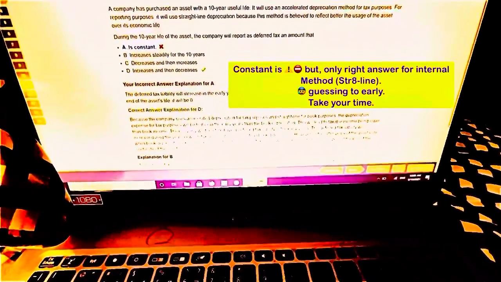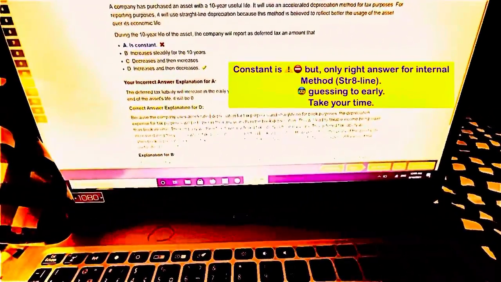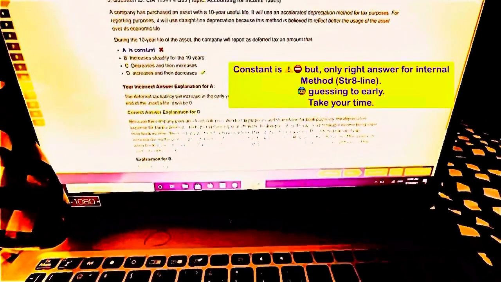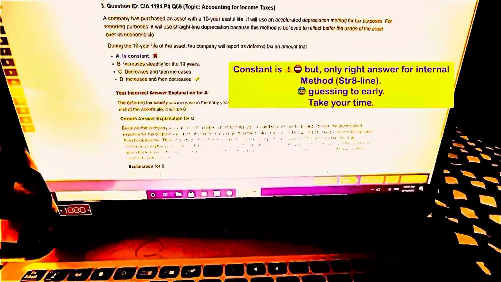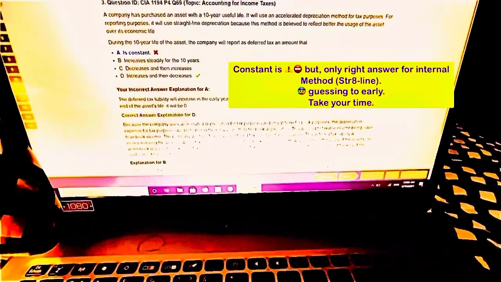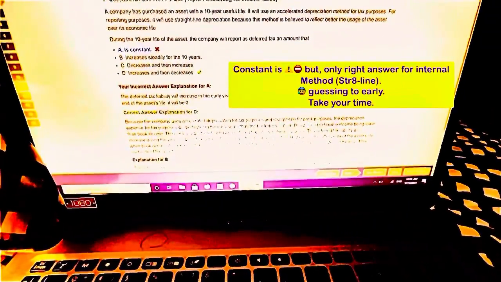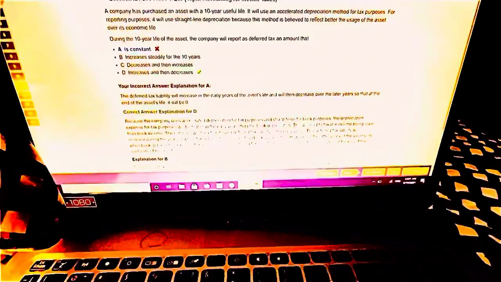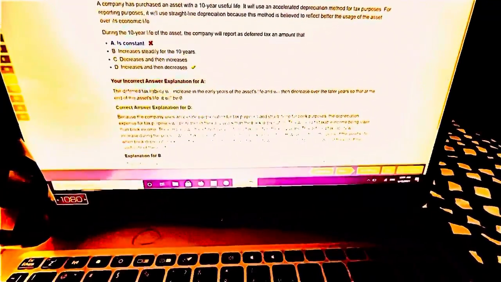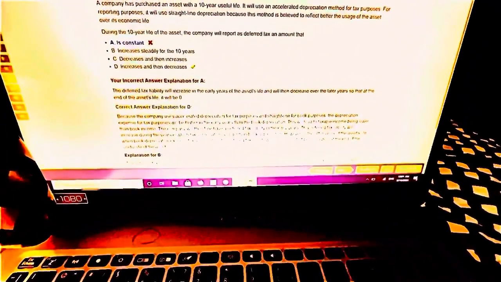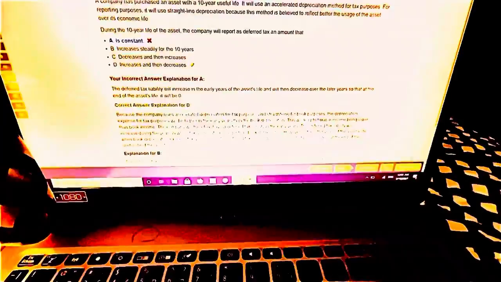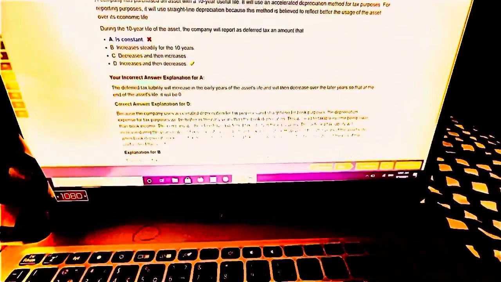Then this deferred liability will increase during the years in which tax depreciation is larger than the book depreciation. However, in the later years of the asset's life, when book depreciation exceeds tax depreciation, the deferred tax liability will decrease until it becomes 0 at the end of the useful life of the asset.